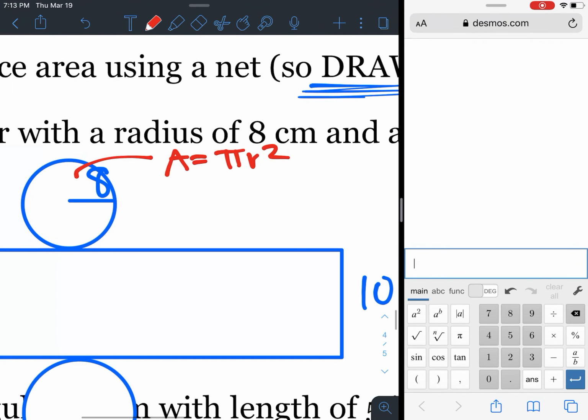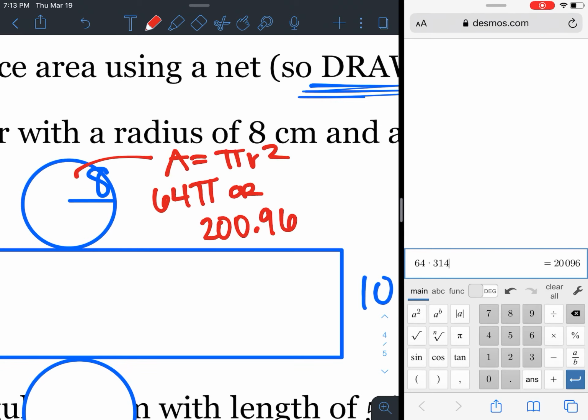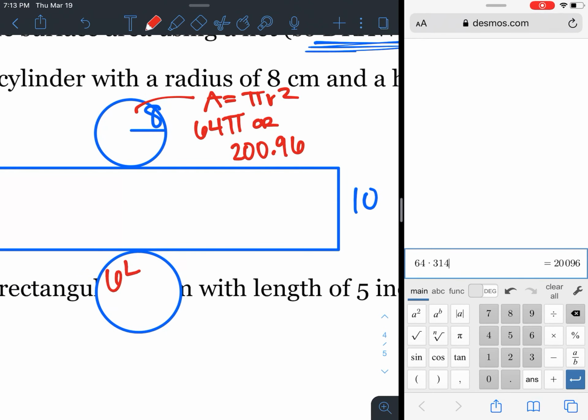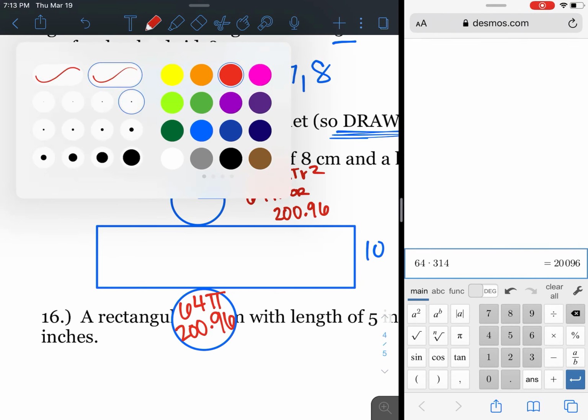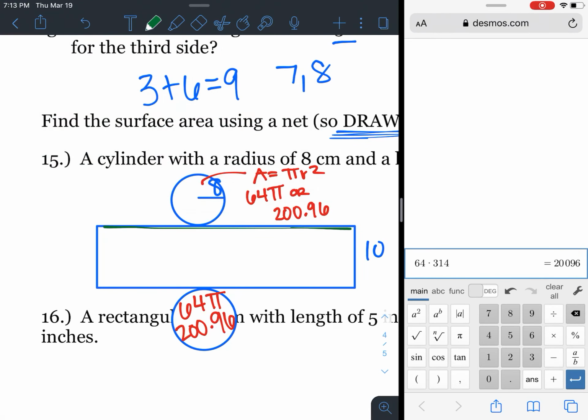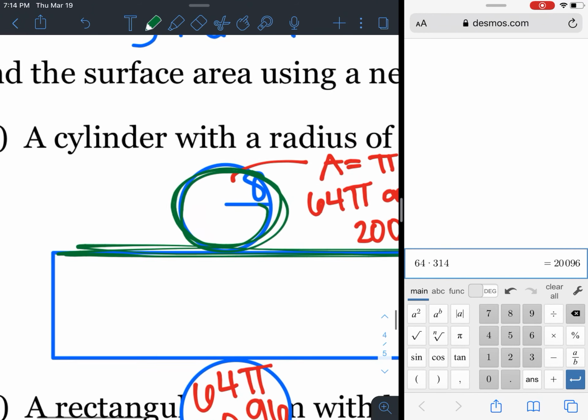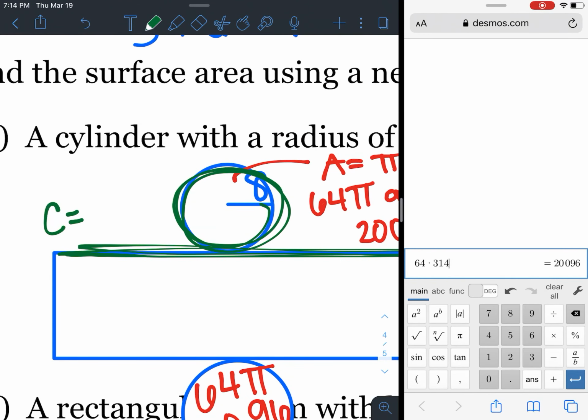So the radius is 8, so either 64 pi or 64 times 3.14, 200.96. And this circle down here would be exactly the same. For the middle rectangle, this length right here is the same as the distance around, and we call that circumference.